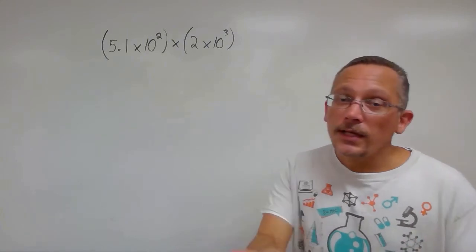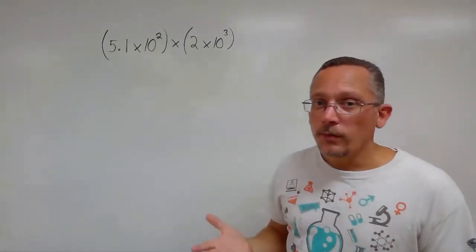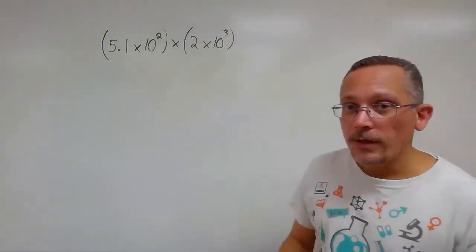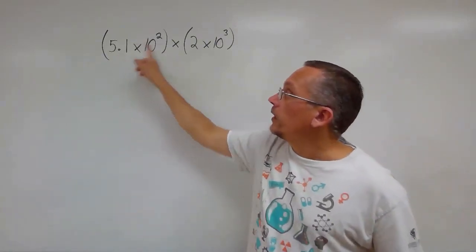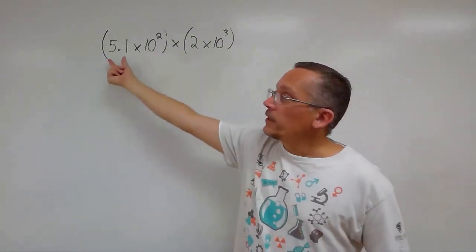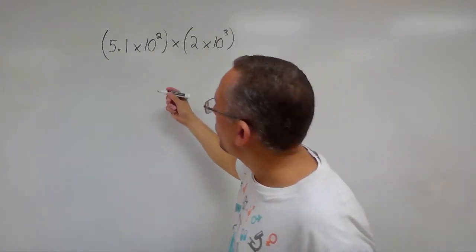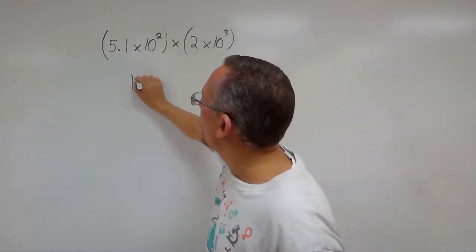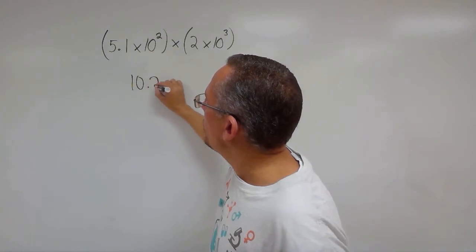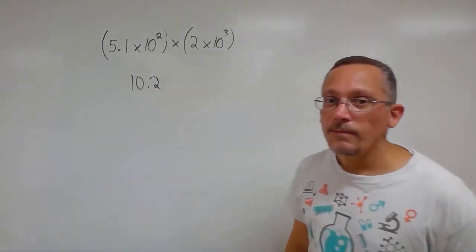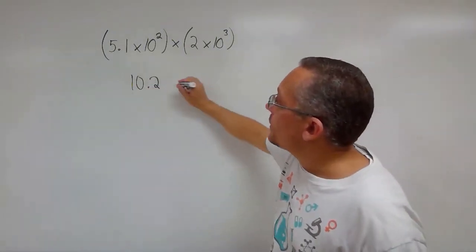The exponents are not the same, but that doesn't matter because we're going to multiply. Okay, when you multiply these numbers, first you want to multiply the number parts. So I'm going to take the 5.1 times the 2, and I get 5.1 times 2 is 10.2.